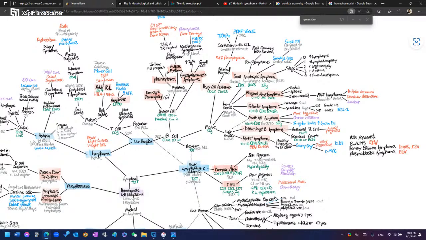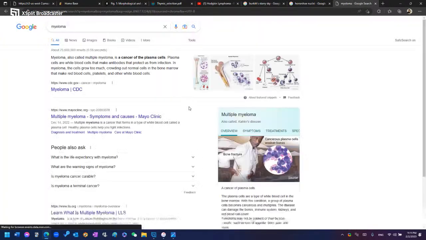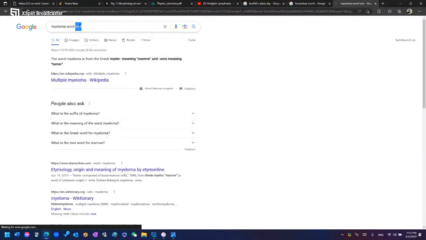And then, once your B cells have fully matured into plasma cells expressing CD138, then you're going to have a lot of other issues. You can have myelomas. So why is it called a myeloma? Where did this word originate?